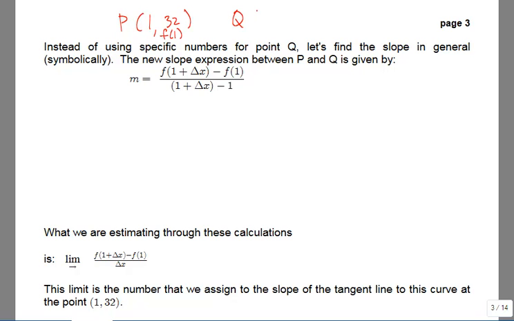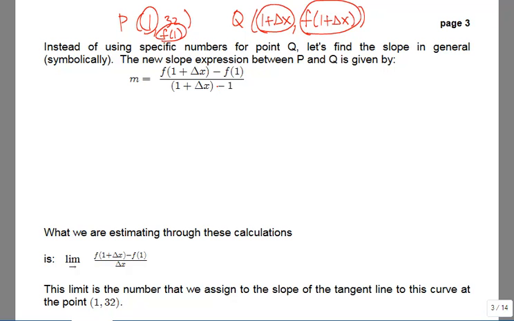Point Q in general is 1 plus some little distance away, so 1 plus delta x, and the y value of point Q is whatever you get when you plug 1 plus delta x into your function. So these are our 2 points, and how do you find the slope between them? You take y2 minus y1, that's what I have in the numerator, over x2 minus x1, and that's what I have in the denominator.